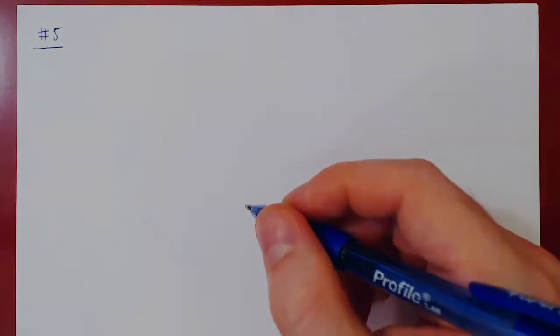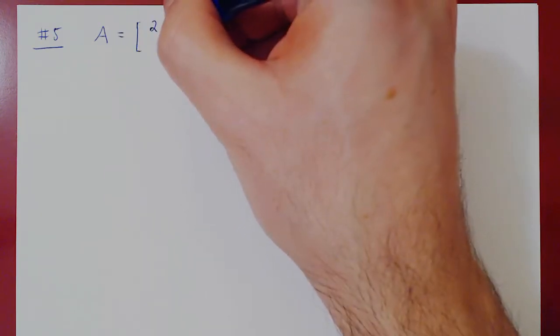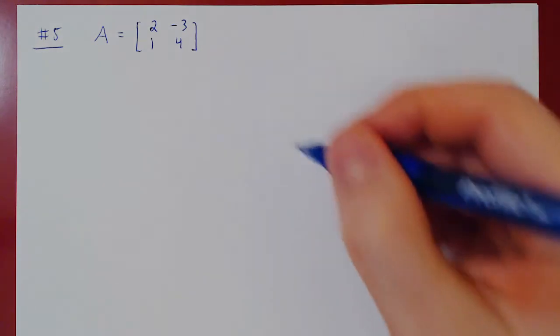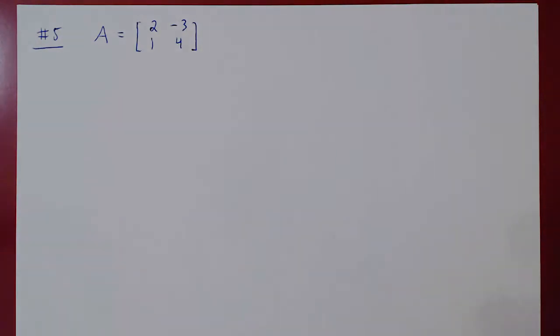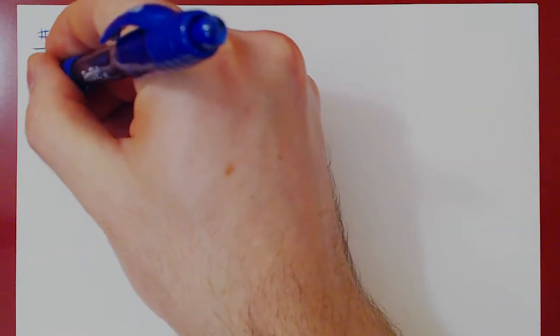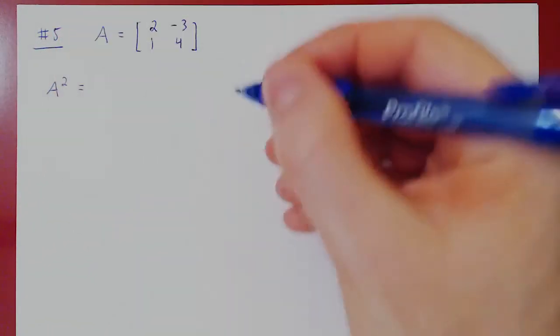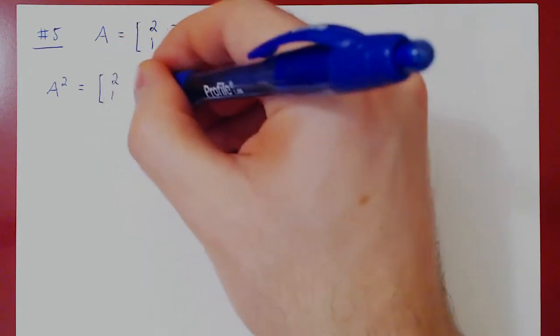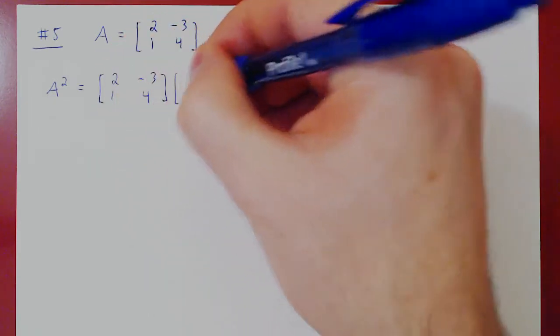So let A be a 2 by 2 matrix. So let's go with 2, negative 3, 1, 4. Let's compute A squared, A cubed, and A to the 4. So if we do A squared, this is A times A. So 2, negative 3, 1, 4 times itself.